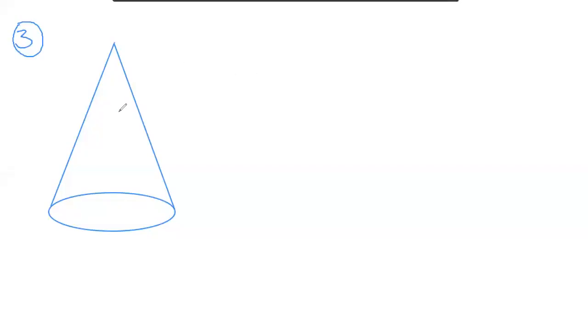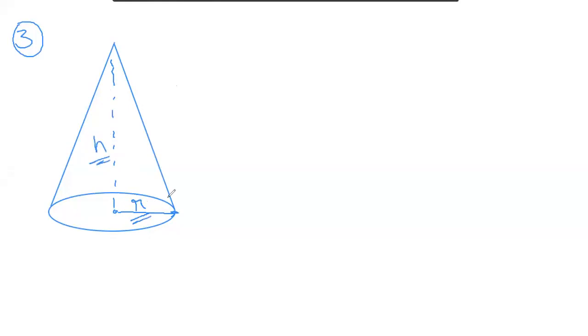So once we have drawn a near perfect cone, we'll enter the dimensions. This is the center. This is the R. This is the H. I'll write it more clearly so that there's better clarification. This is the H. This is the R.